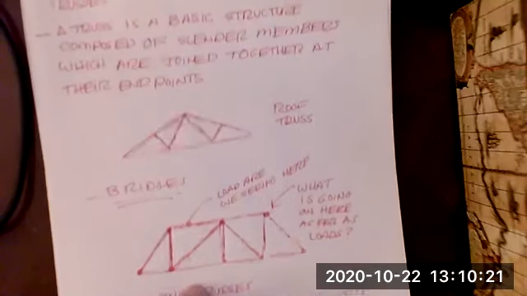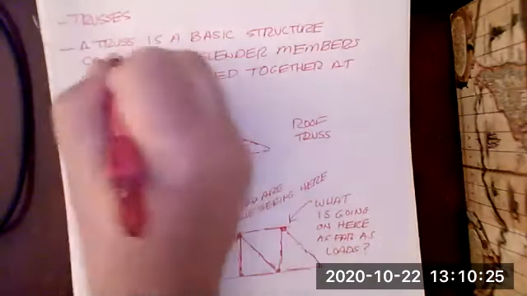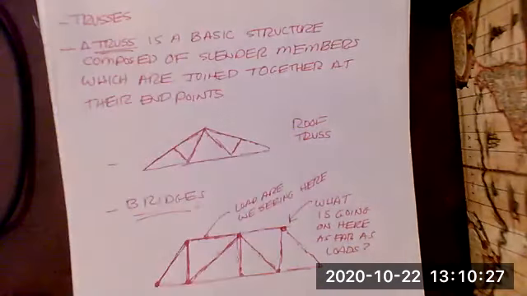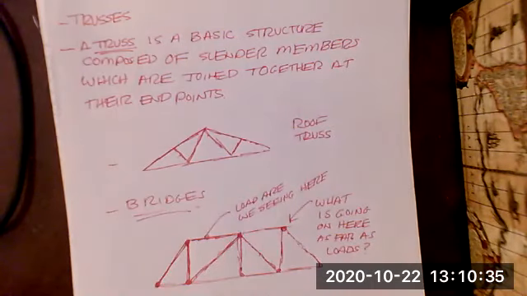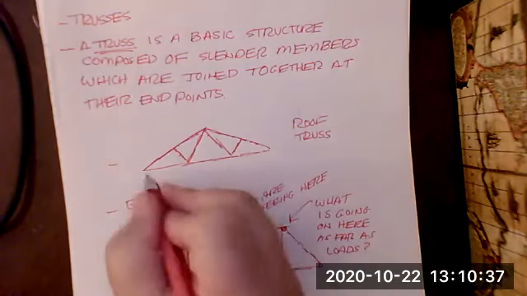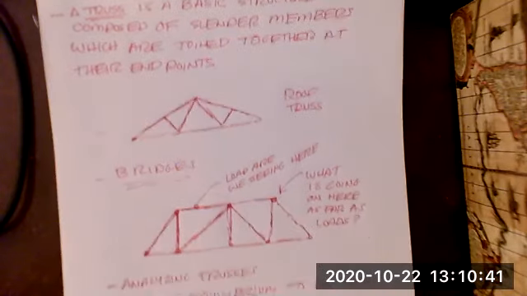Okay. All right, so let me slow down here. I was going kind of quickly. Our main focus is trusses. Here's the definition of a truss. A truss is a basic structure composed of slender members. These are the slender members, which are joined together at their endpoints. These are the endpoints, right? We worry about what's going on there.